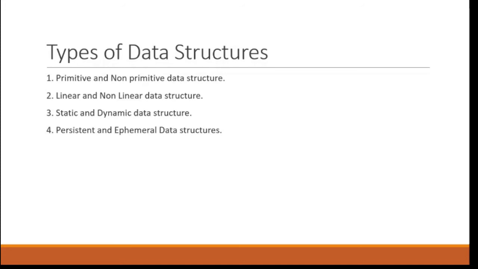Types of data structures. Data structures are divided into various types, such as primitive and non-primitive data structure, linear and non-linear data structure, static and dynamic data structure, persistent and ephemeral data structure.